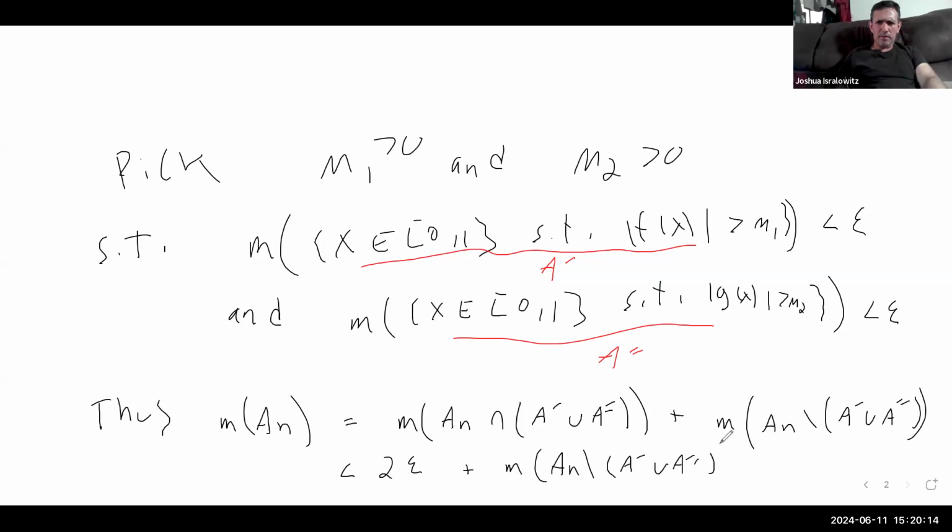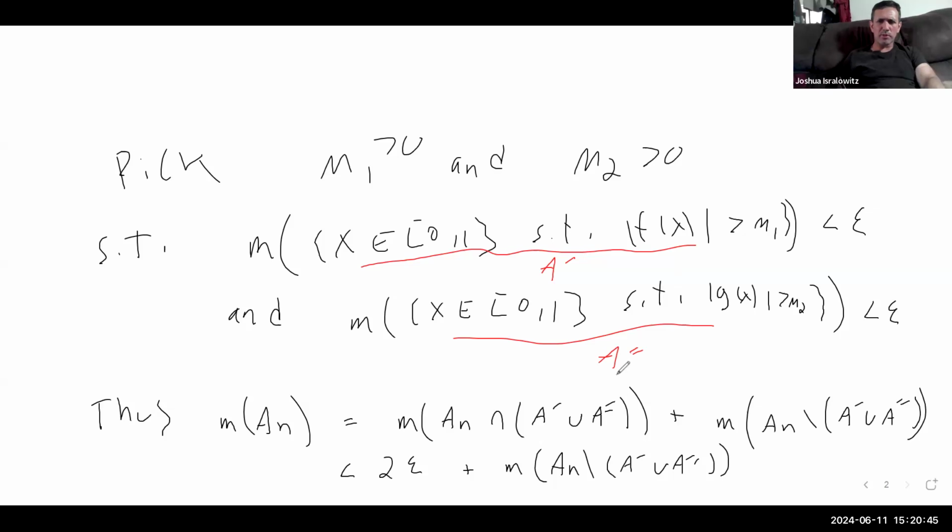Is everyone okay so far? Just using 6A twice. And then you can write AN as an intersect the union of these two, and disjoint union AN take away the union. These are both, of course, measurable.